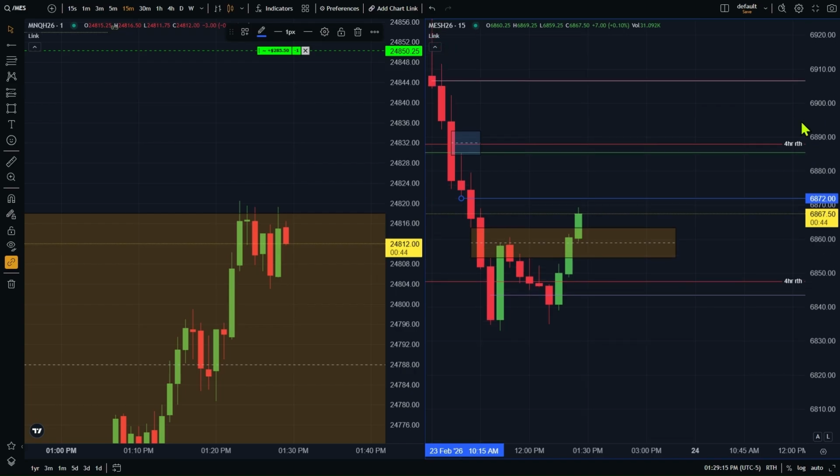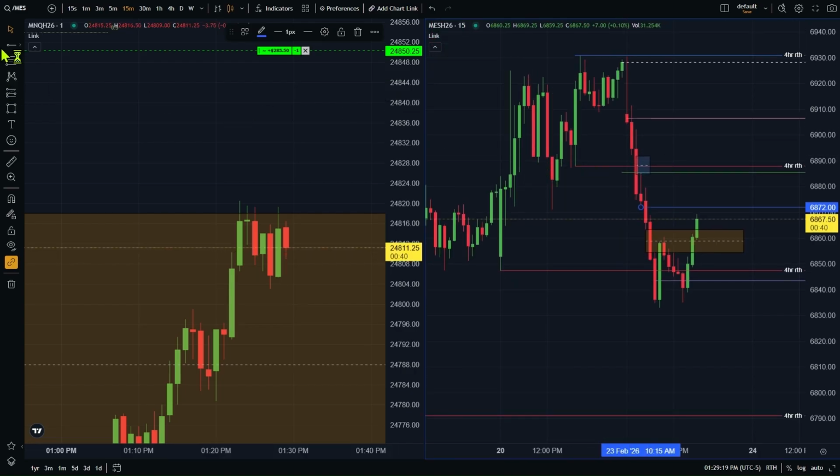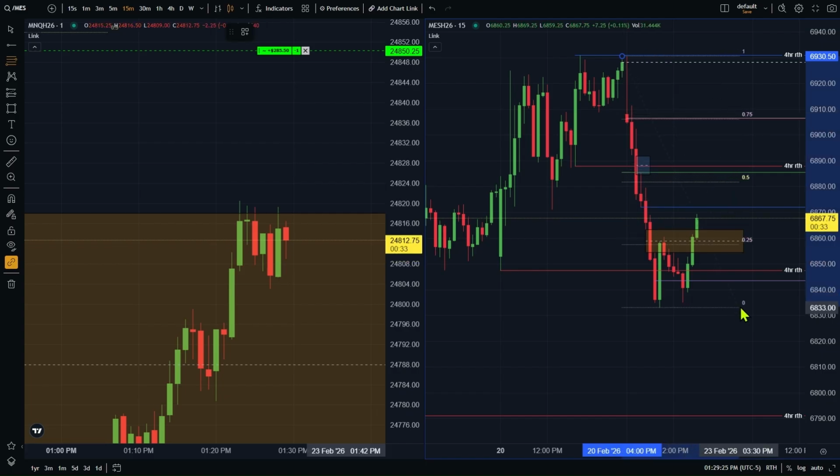I didn't even mark it out. So ES, I mean, this thing could go all the way to settlement, but I'm not going to press my luck. ES reversion to the mean is right above this next candle right there.